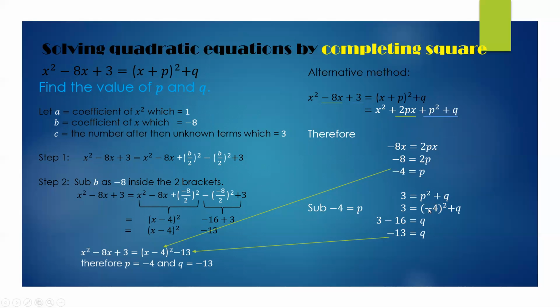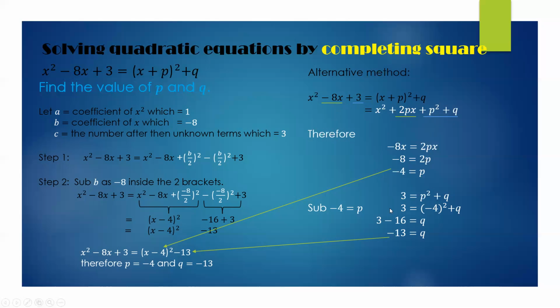So I get 16, and then I just simplify, and finally I got q as -13, right? So you can see from here, these two answers are still the same. So that means you can use this method or this method to do this type of question, because sometimes in an exam we totally forgot how to do completing square, but we know how to expand, so we still can expand it. After that, we can compare the coefficients, then we still get the same answer.